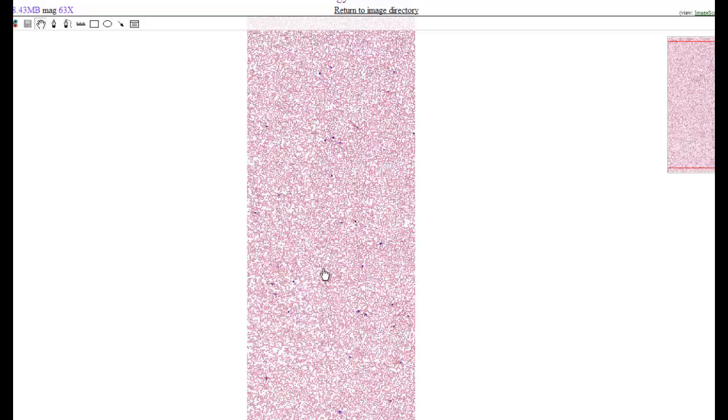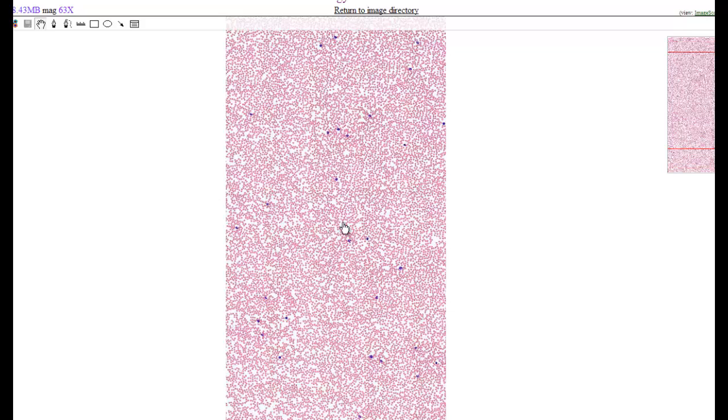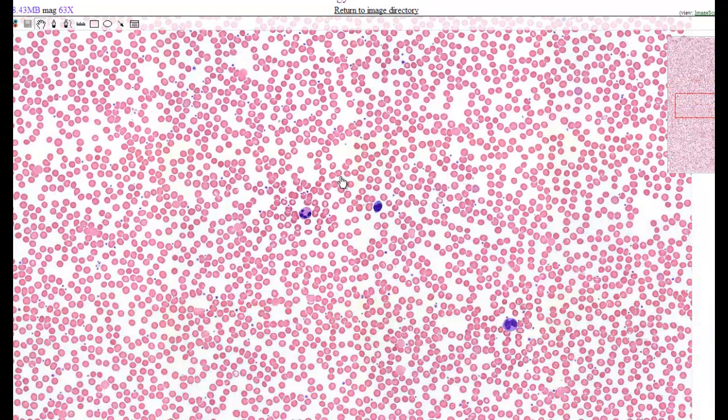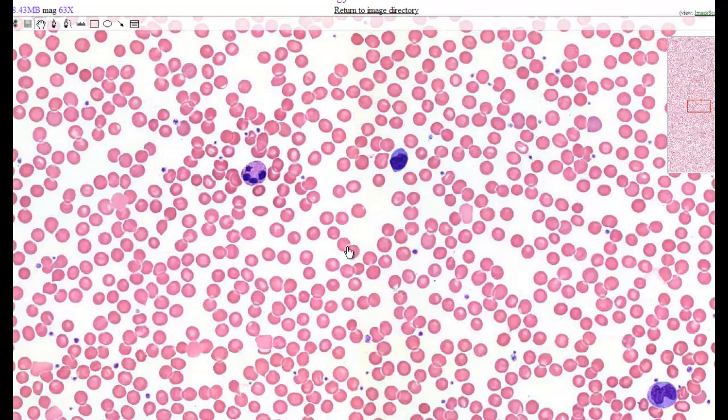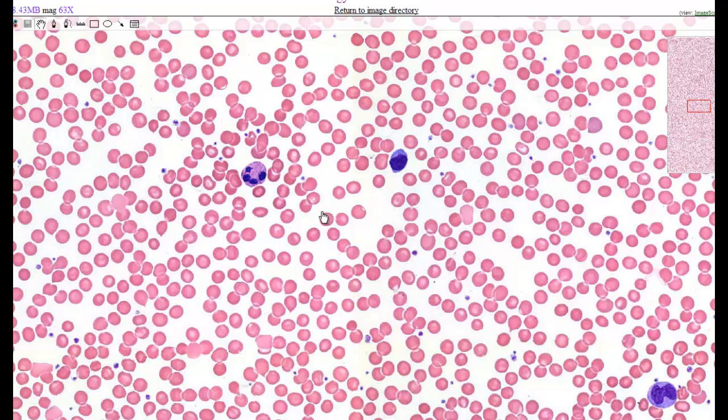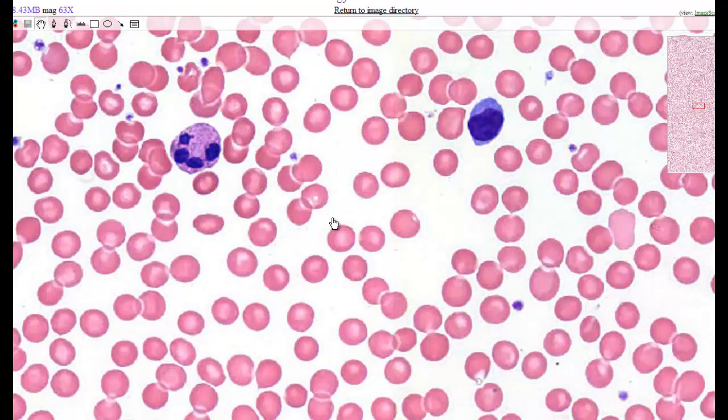So here we are. We are back at the University of Michigan's virtual Slidebox website. And let's do some clicking. We'll zoom in on this sample of blood. And let's see what we can find. I'm going to zoom right around this area here because I can see a few different things.